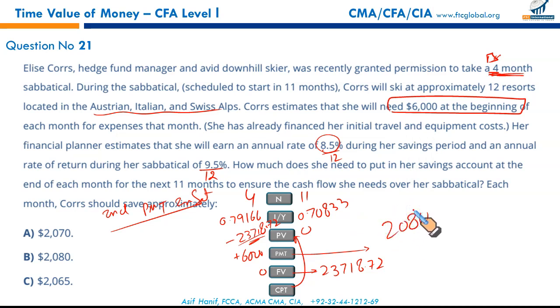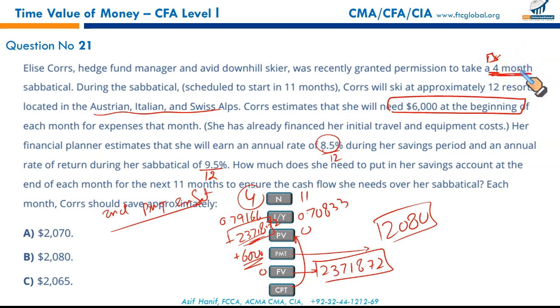Now it makes much sense. This is what she will be investing for the 11 months at this rate so as to achieve this much as the future amount. This future amount will represent a present amount for this annuity. This is the investment as a negative. At this interest rate, 0.7916 per month, it will generate $6,000 of inflow at the start of each month she will spend in the sabbatical.